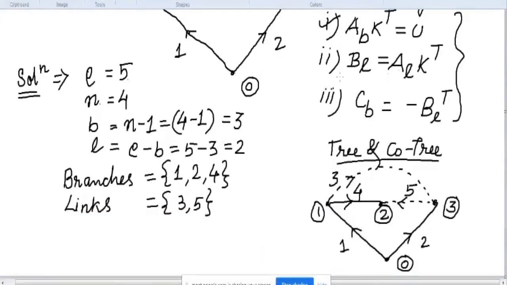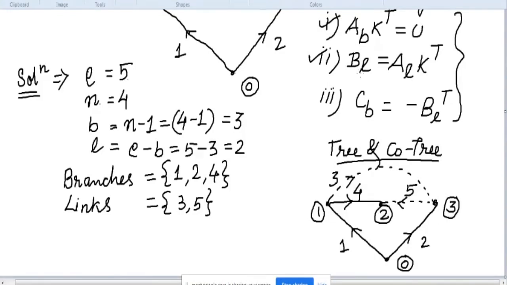The second identity is BL is equal to AL K transpose. Out of this we already have AL and K transpose available with us. Now we are in need of this BL matrix. What is B? The B matrix is the basic cut set incidence matrix, and when we partition it, we get two portions.